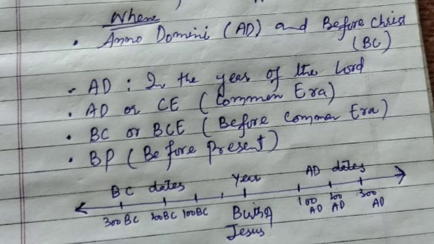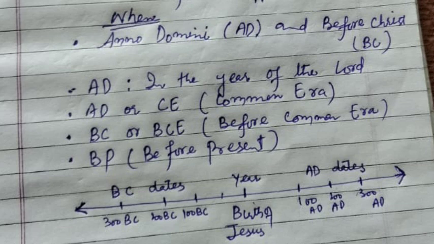When it is after the birth of Jesus, we say AD. AD is also known as CE or Common Era. AD means Anno Domini. Before the birth of Jesus, we call it BC, or Before Christ. Before Christ is also known as BCE, that is, before the Common Era.